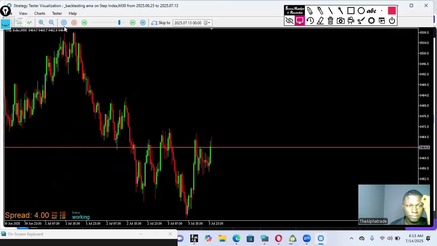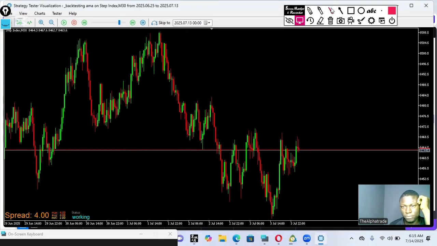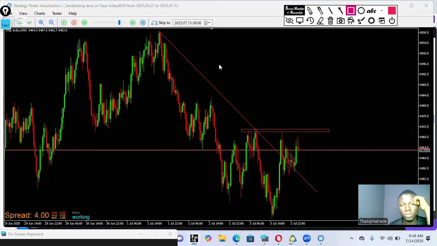Let me check if we have a break of trend line right here. Yeah, something like that. We have a break of trend line, but the resistance here has not been broken yet. So we have to wait for it to be broken as well.